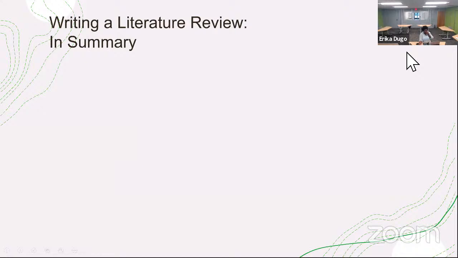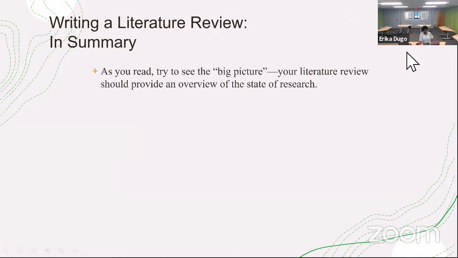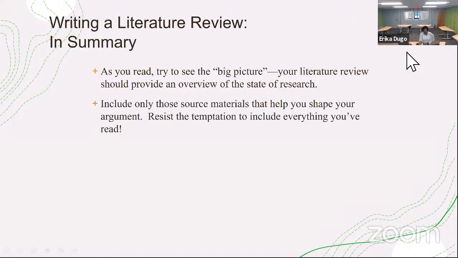So in summary, be meticulous about your citations. As you read, try to see the big picture. Your literature review should provide an overview of the state of the research. It should include only source materials that help you shape your argument.